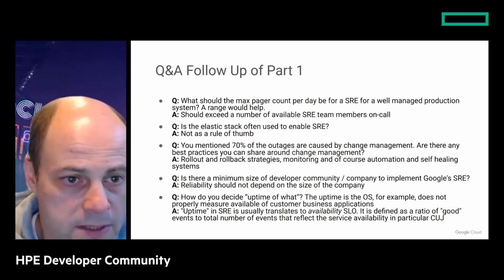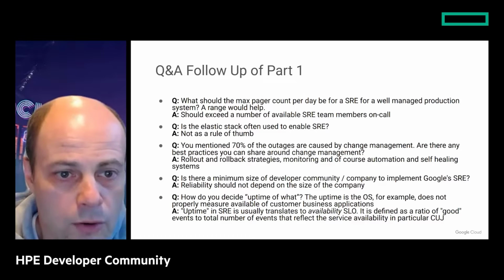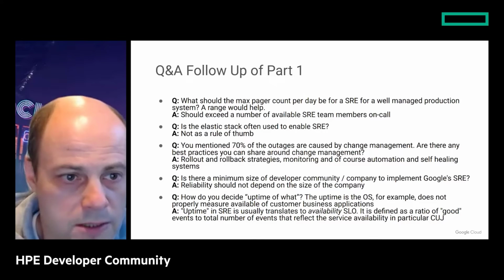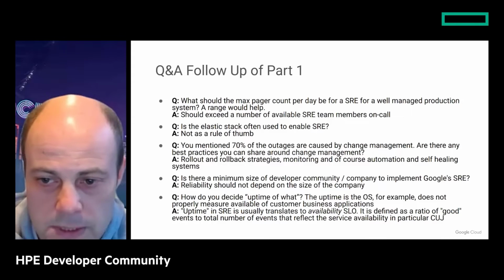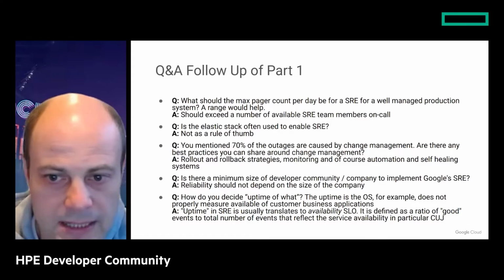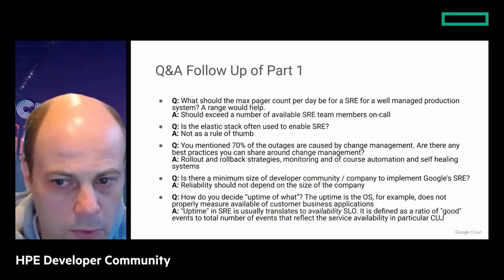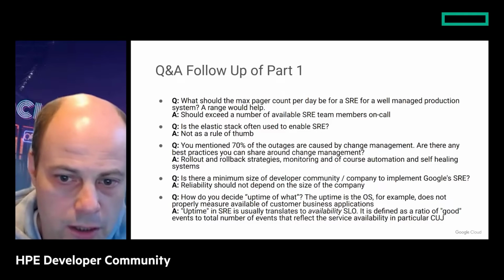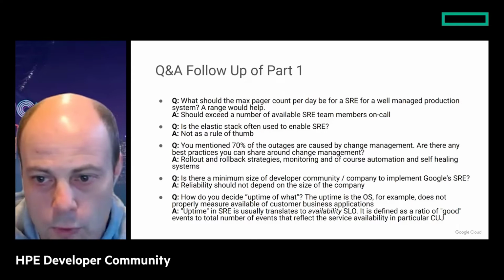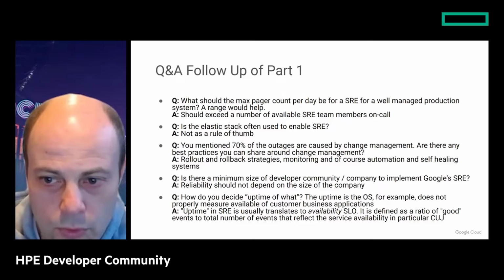You mentioned 70% of the outages are caused by change management. Are there any best practices you can share around change management? Good change management is about managing risks. As we said, some incidents will always happen no matter what we do. So failing fast with established automated rollback processes allows you to mitigate the source of outages that changes bring.